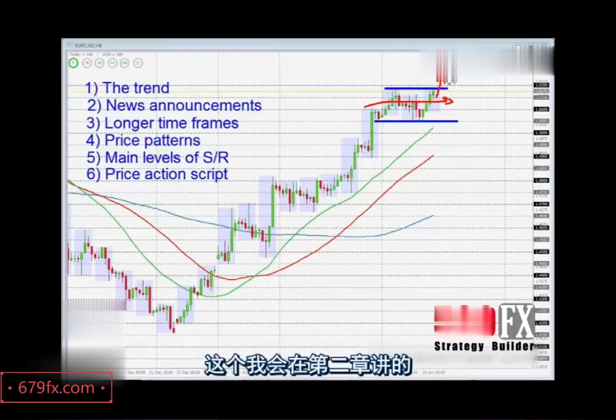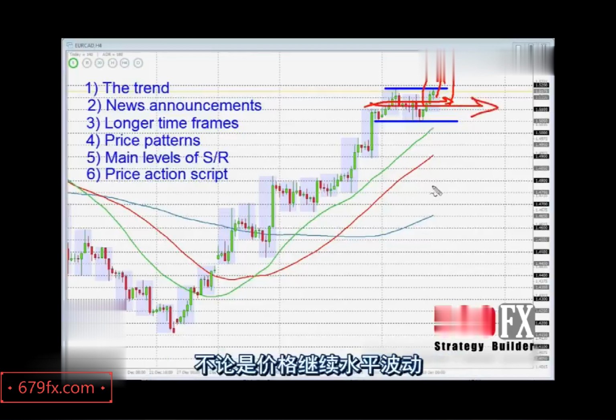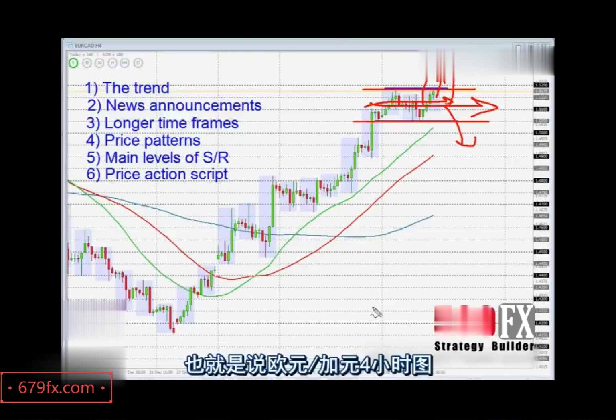But anyway, like I said, I don't want to get into that. That's all explained in detail in chapter number 2. However, what I want to see is a breakout to the upside. Any other outcome, either if price continues moving sideways within those two boundaries, or the breakout takes place to the downside, the trade plan will be considered violated, and I will not be looking to trade the Euro CAD on the 4 hours time frame any longer.